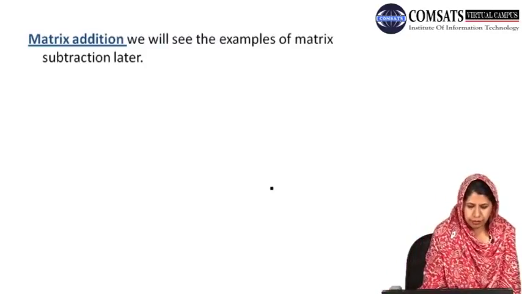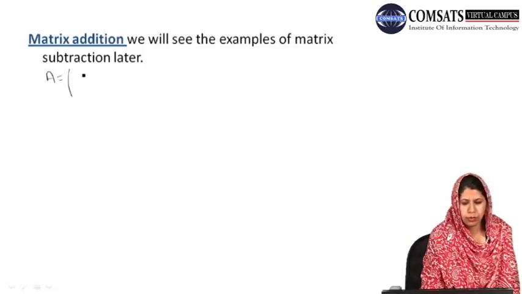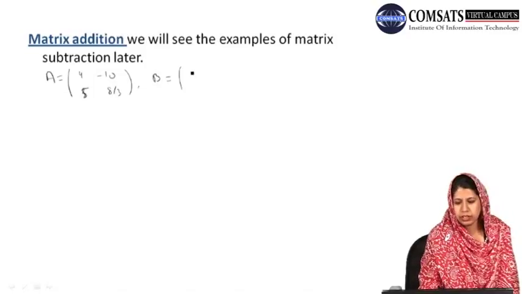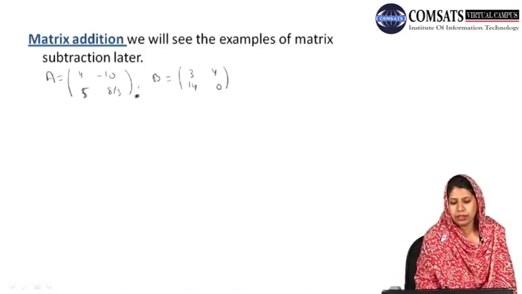For example, we have a matrix A as 4, minus 10, 5, 8 by 3, and we have our matrix B as 3, 4, 14 and 0. We have 2 matrices of order 2 by 2 and 2 by 2.